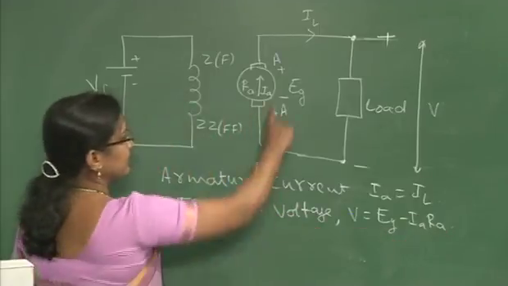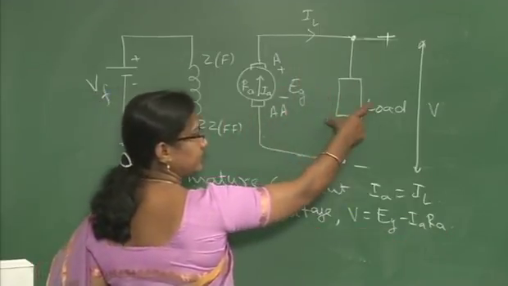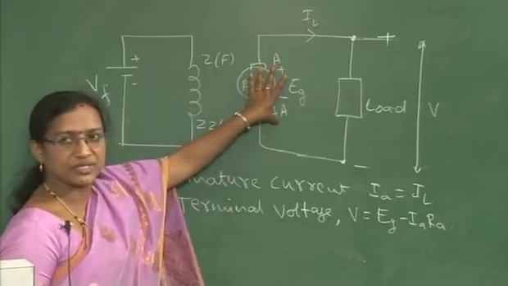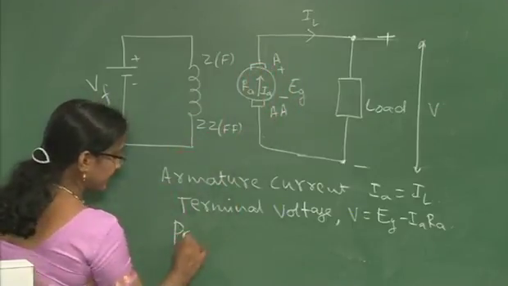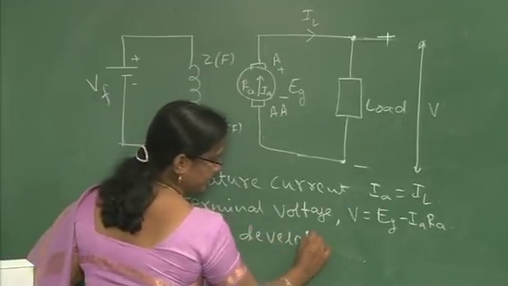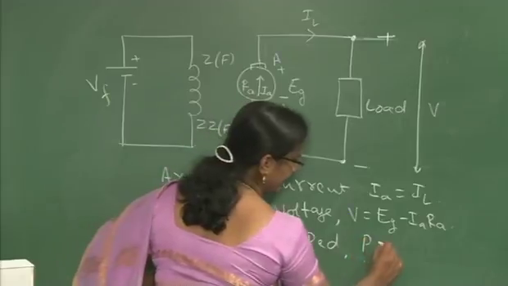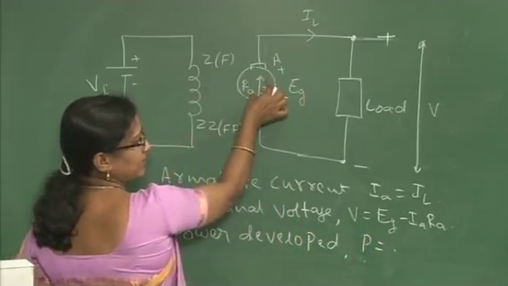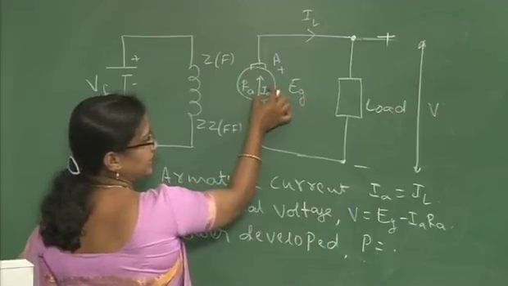So, now what will be the power developed in the armature? P is equal to the voltage generated multiplied by this armature current, Eg into Ia.